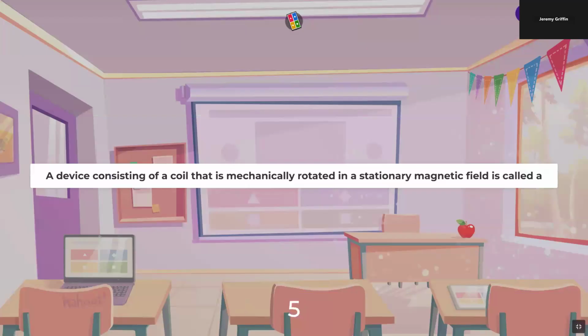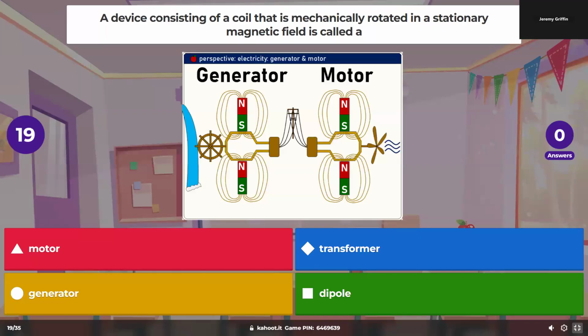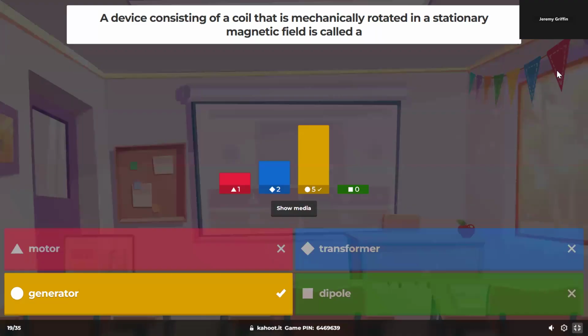A device consisting of a coil that's mechanically rotated in a stationary magnetic field. Right, so we're taking mechanical energy, trying to generate electricity. What device would that be? Yeah, generator. Right, generator.